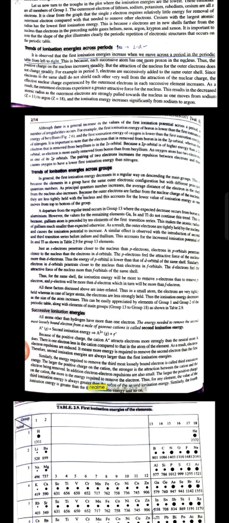Successive ionization energies. All atoms other than hydrogen have more than one electron. The energy needed to remove the second most loosely bound electron from a mole of gaseous cations is known as the second ionization energy. Because of the positive charge, the cation A+ attracts electrons more strongly than the neutral atom A does.